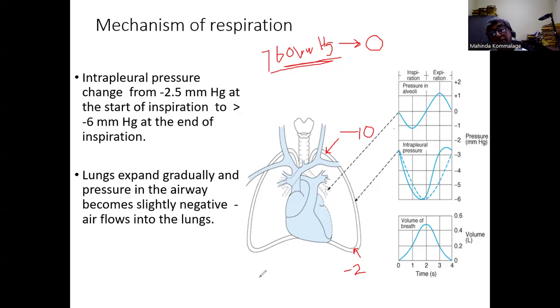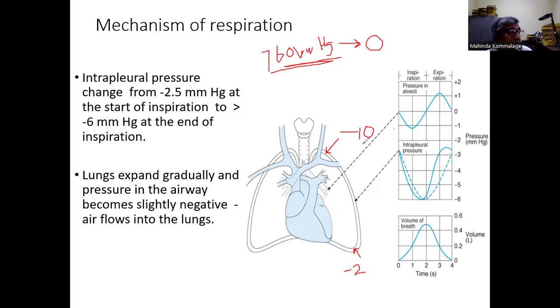Which is higher? Base. Yes, base, because this is -10, this is -2. Right? More minus means higher or lower? Lower. Yes, lower. Good.